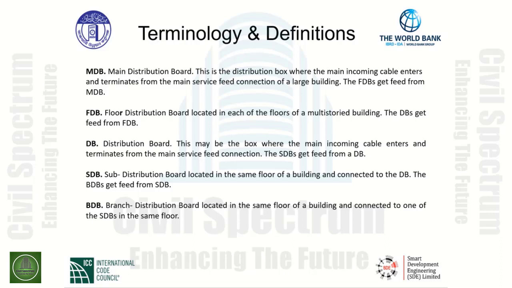The BDBs get fed from the SDB. A BDB is a branch distribution board located in the same floor of a building and connected to one of the SDBs in the same floor.